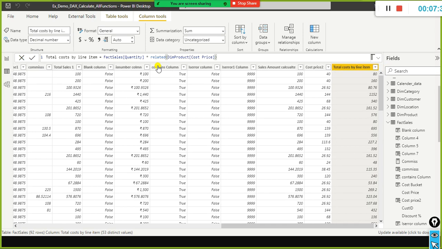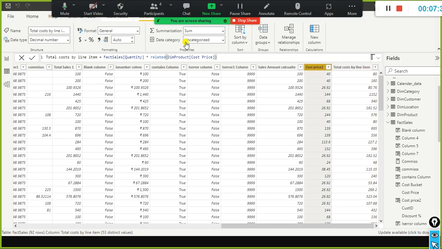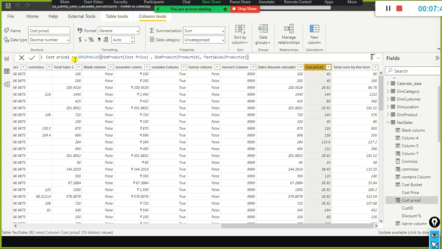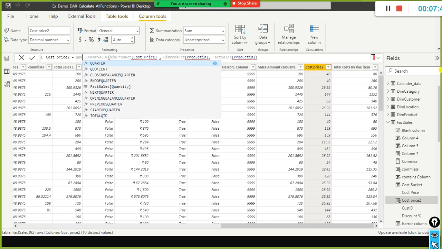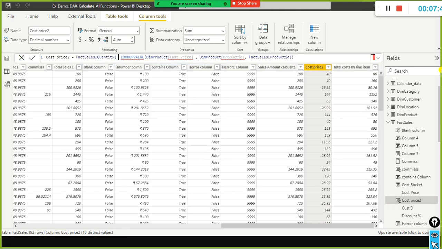Look here, the cost of goods sold is 80. The same thing you could have done here. So here we got the cost price for each product, and we can do the same thing here also: quantity times this one.